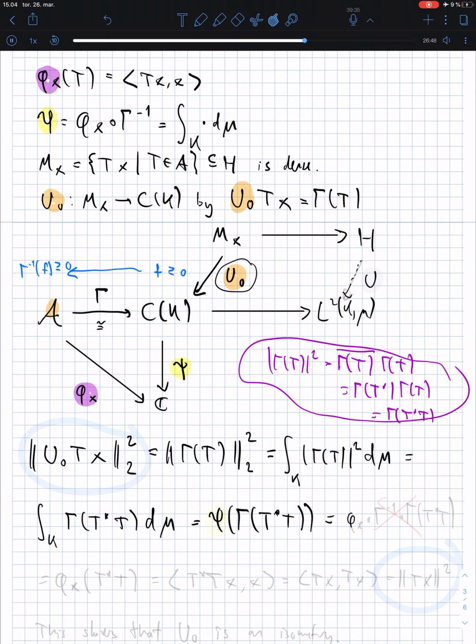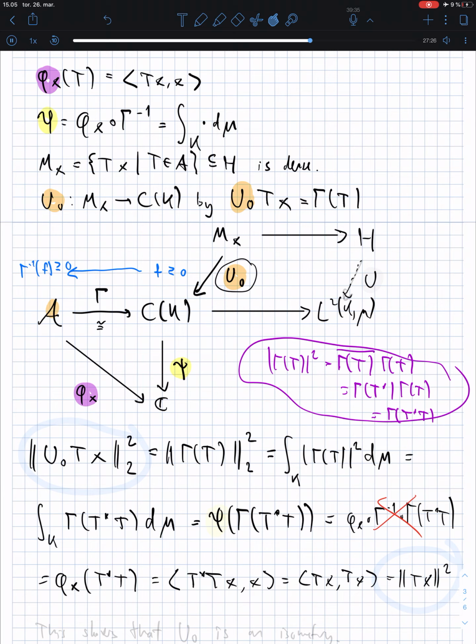Well, psi is phi x composed with gamma inverse, composed with gamma of T star T. So these cancel out. And so I just get phi x of T star T. And what is that? That is the inner product of T star Tx with x, which is the inner product of Tx with Tx, which is the norm of Tx squared.